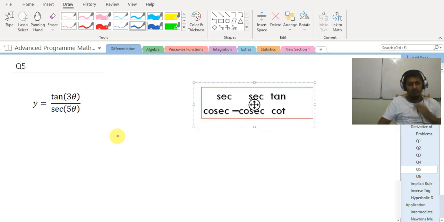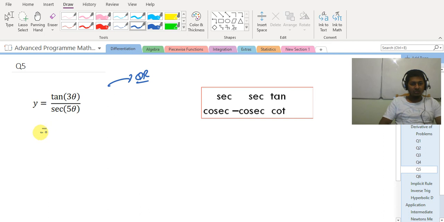Right, so in question 5, what we have here is tan 3θ over sec 5θ. So we can apply the appropriate quotient rule, right? Quotient rule. So differentiate the top, leave the bottom, subtract, differentiate the bottom, leave the top, over the denominator squared. So we're going to write dy/dθ is equal to, differentiating tan 3θ using this rule, we will get sec squared 3θ.